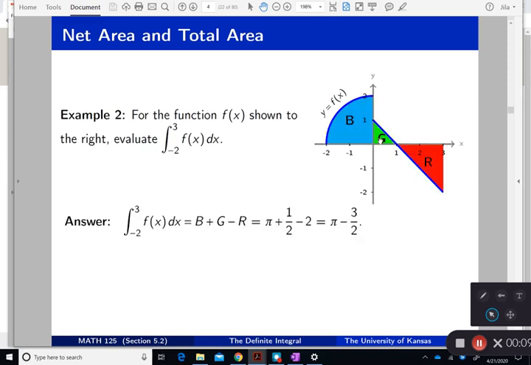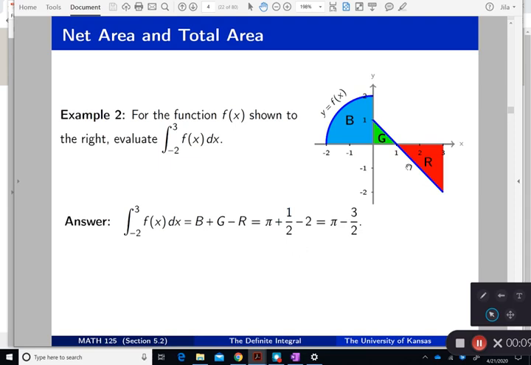See, b plus g minus r is the net area. So if I'm calculating the integral from -2 to 3, b is pi, and g is 1 times 1 divided by 2, and minus r is 2 times 2 divided by 2. And so that would be -2.